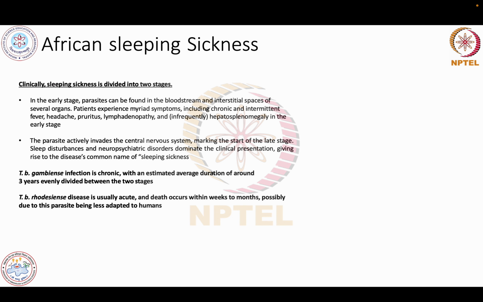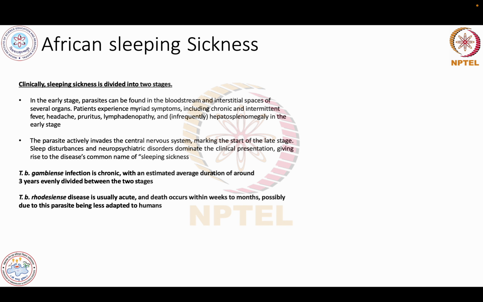African sleeping sickness. Clinically, sleeping sickness is divided into two stages. In the early stage, parasites can be found in the bloodstream and interstitial spaces of several organs. Patients experience myriad symptoms including chronic and intermittent fever, headache, pruritus, lymphadenopathy, and hepatosplenomegaly in the early stage.